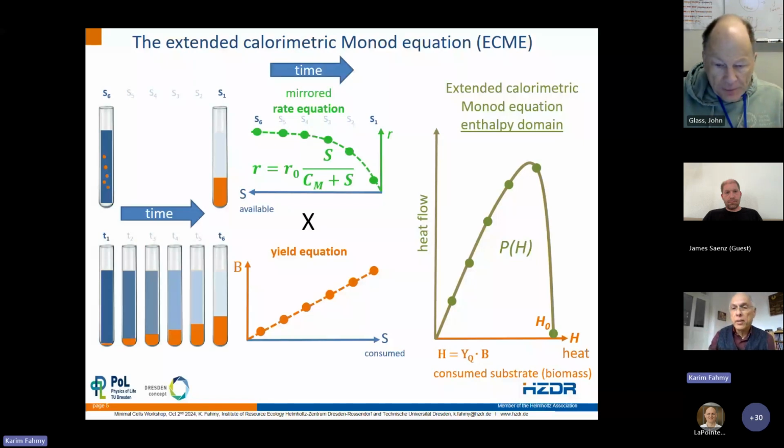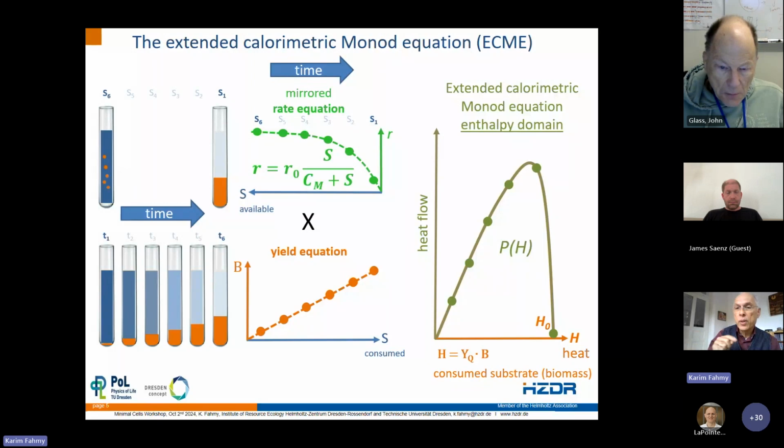This multiplication yields an inverted parabola shape if we plot the heat flow of a batch culture versus the heat that it has released. And as we know from the yield equations, the heat release is, of course, proportional to the biomass that has accumulated because metabolism and growth are tightly coupled in these cells.